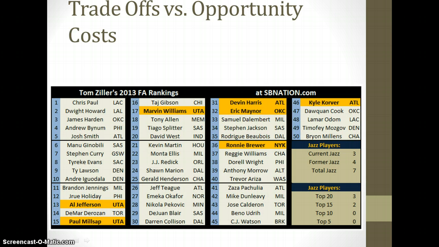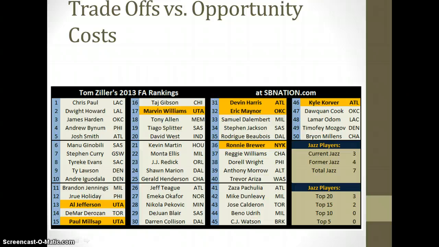So let's continue by looking at, again, the differences between trade-offs and opportunity cost. I'm going to give you an example here from basketball real quick. In 2013, way back last year, we had our free agent basketball players. Here is a list of all the free agent basketball players ranked by SBNation.com.